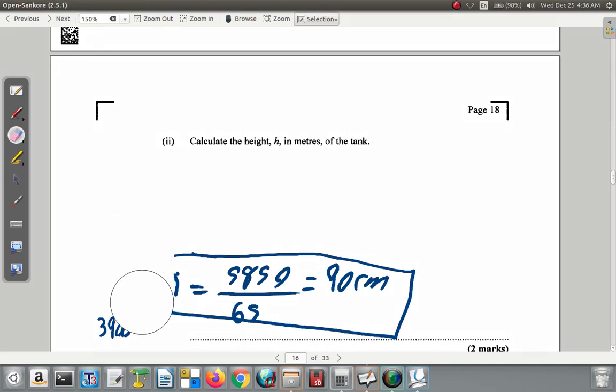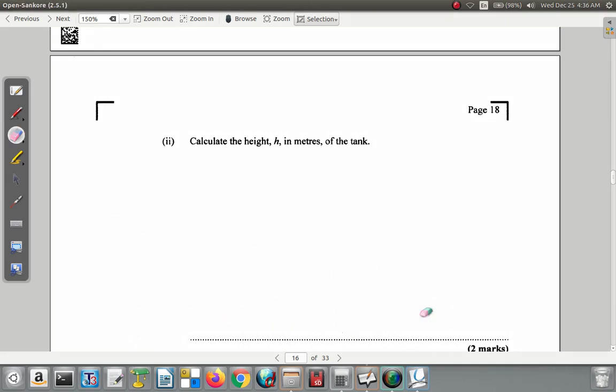So to clean it up, what you have in this case is the capacity 5850 is the area times height. So when you divide both sides, the area is 65.